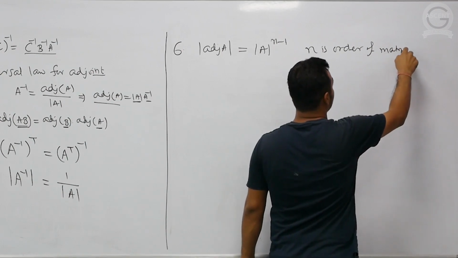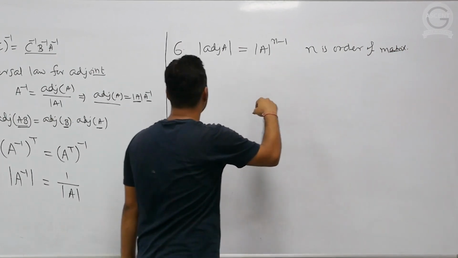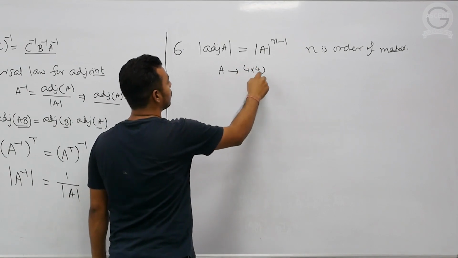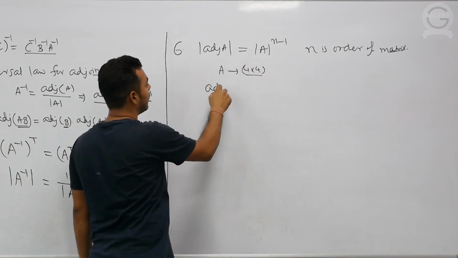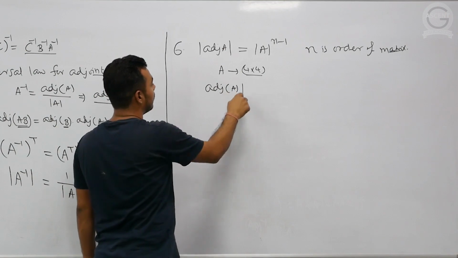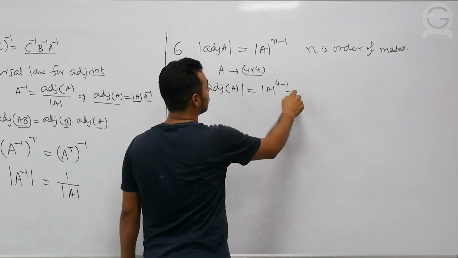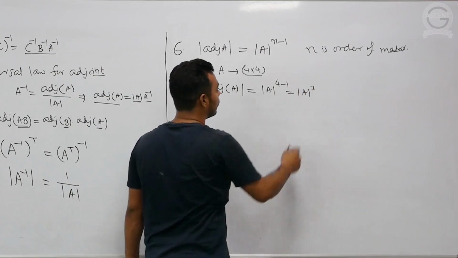This is a very important property. Suppose I have a matrix A whose order is 4 by 4. In that case, determinant of adjoint of A will be determinant of A to the power 4 minus 1, so this means determinant of A cube.